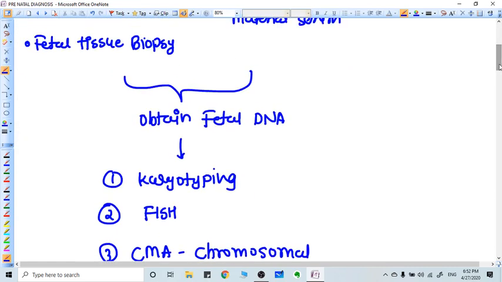Okay, what is our goal for this kind of procedures? We need adequate DNA tissues of the fetus, or in some cases we need an amniotic fluid sample for diagnosis of prenatal diseases. Once we get a DNA sample, once we get fetal tissue, what do we do with them?